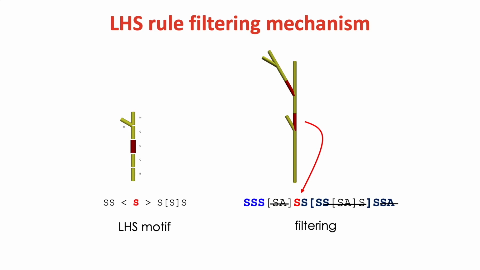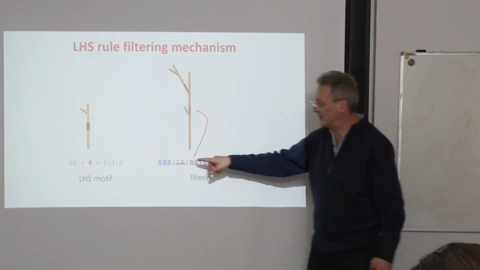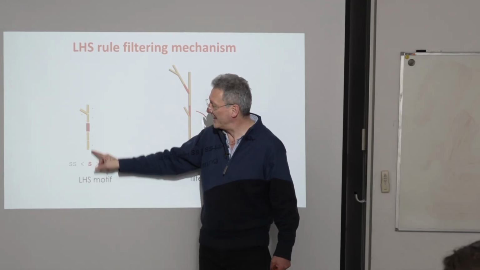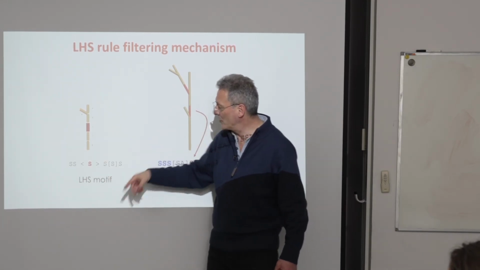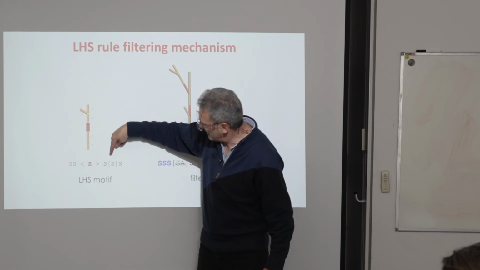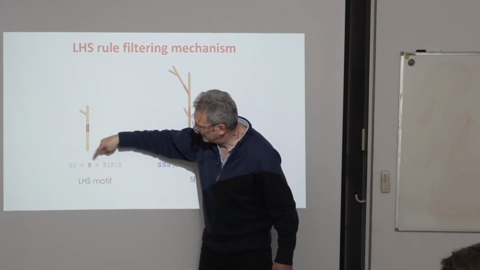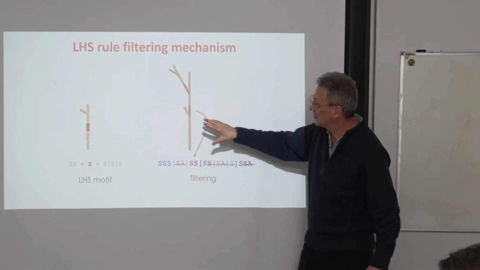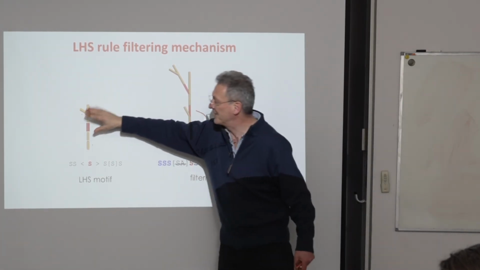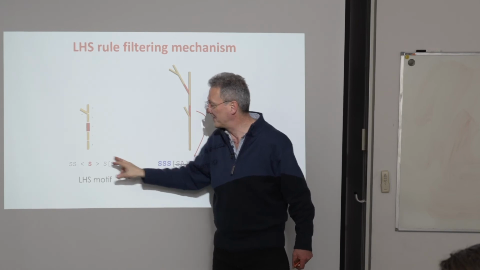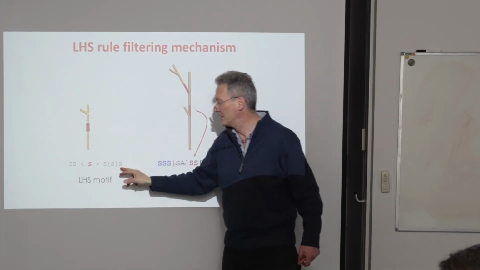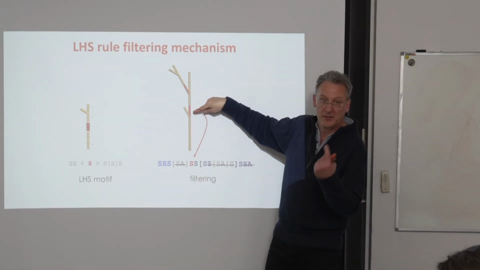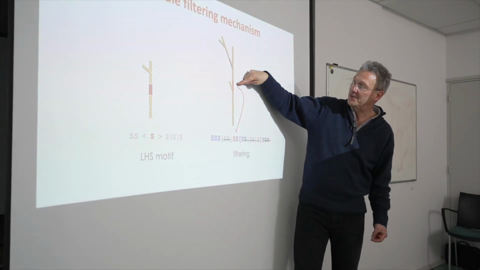And this can also be done by filtering motifs, full motifs. So I have an S, and I want to say that I will rewrite this S if there is this motif on the right and this motif on the left. So if I apply this motif described here to this plant, I find it twice, two entities that respect this.